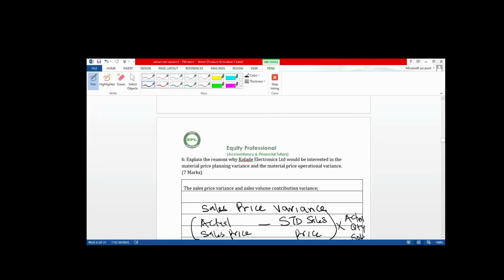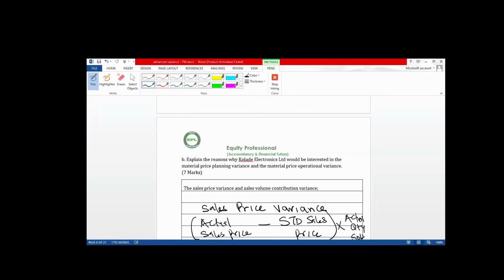The last aspect of the question: explain the reasons why Colade Limited would be interested in material price planning variance and material price operational variance. In summary, why are we interested in material price planning variance?